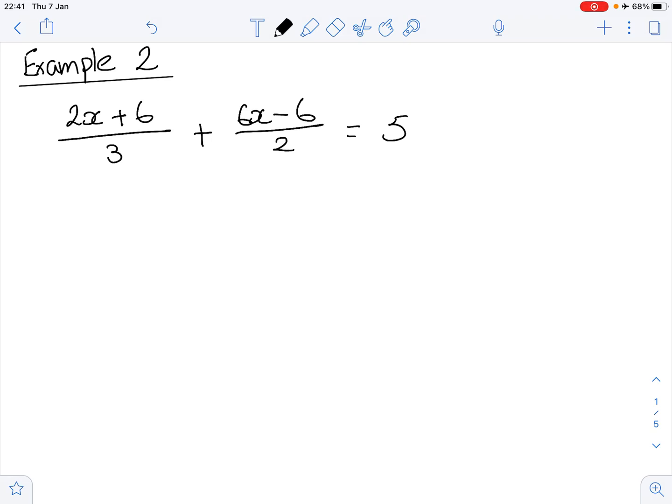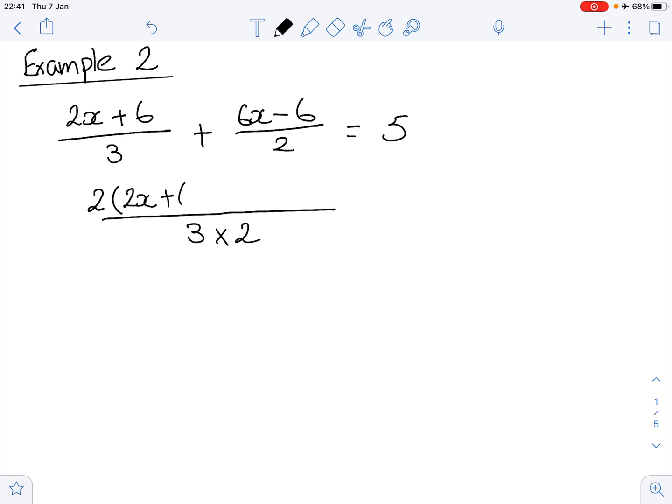Again, we always need to write as a single fraction, and remember, they need to have the common denominator. So the common denominator would be 6, because we multiply 3 times 2. For the first part, we multiply the 3 by 2, therefore we need to multiply our numerator by 2 as well.